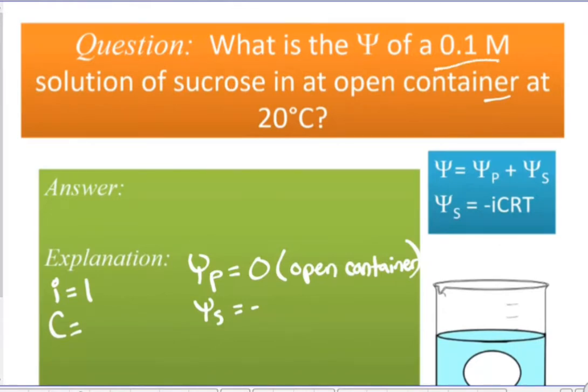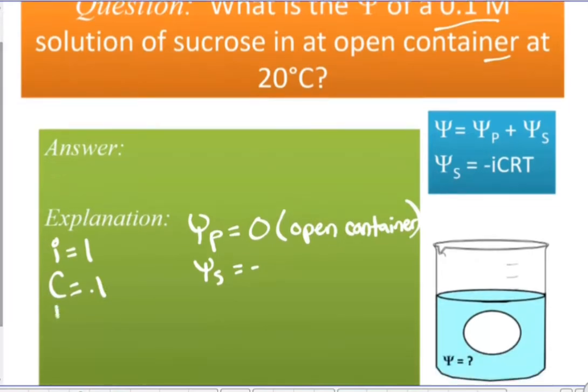It's 0.1 molarity. Remember, your R is always going to be the same, 0.0831. And then for my temperature, it's 20 degrees, but I need to add 273 to that. So my temperature is going to be 293.